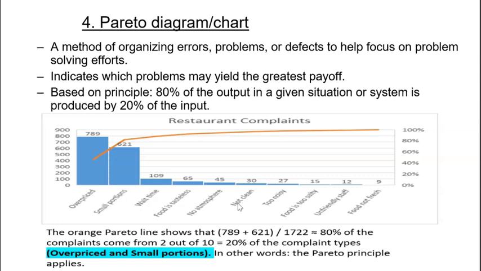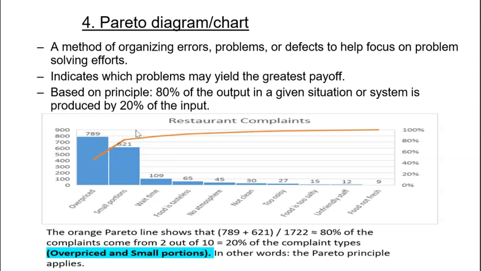So it means that here on the complaints, we can see that 20% of the problems, okay, is at this side, and the main one is actually coming from the top 2. So this is what we call the 80-20 rule.